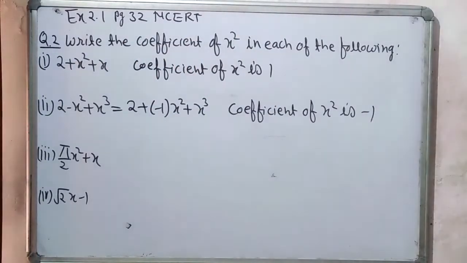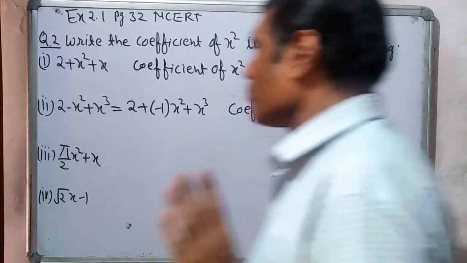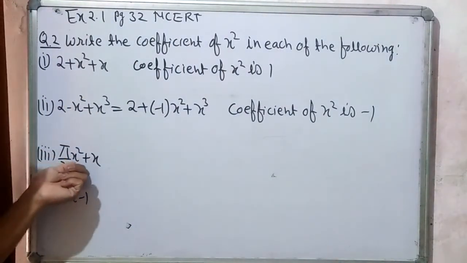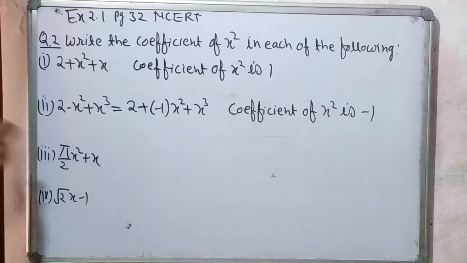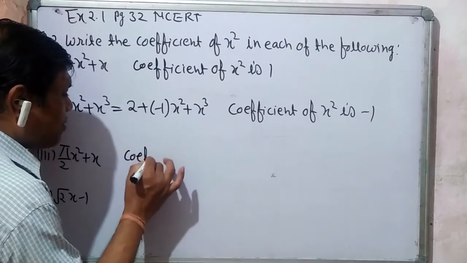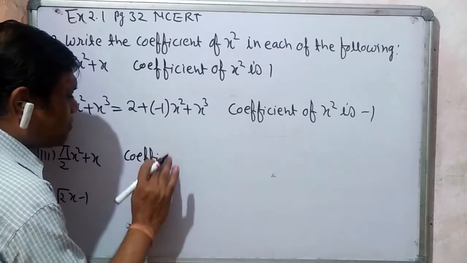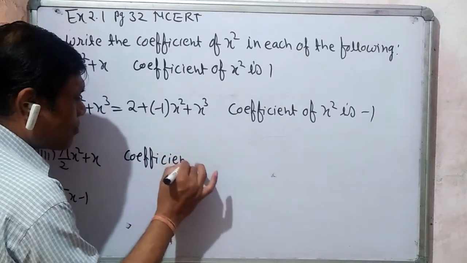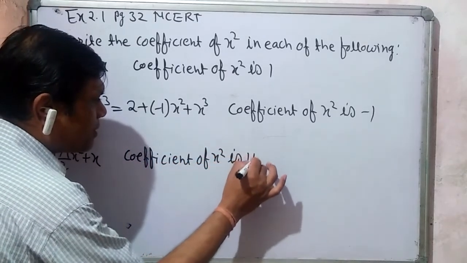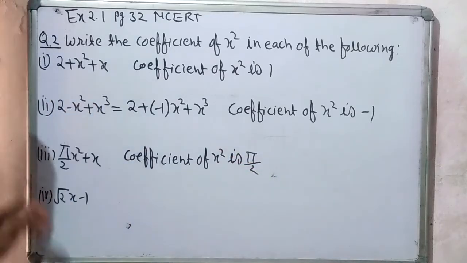It is minus 1, not 1. In the third part, can we directly say pi by 2 is multiplied with x square? So we can say over here the coefficient of x square is pi by 2.